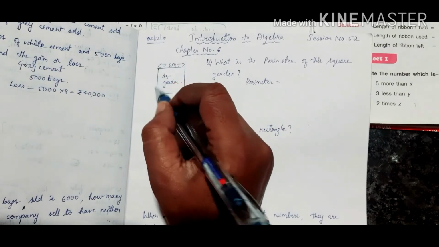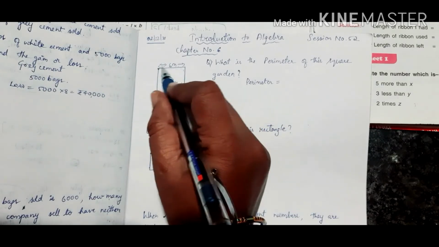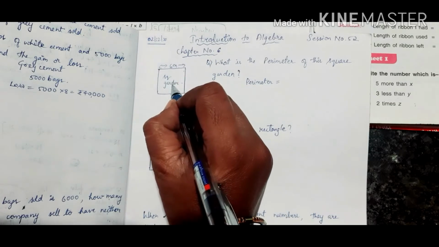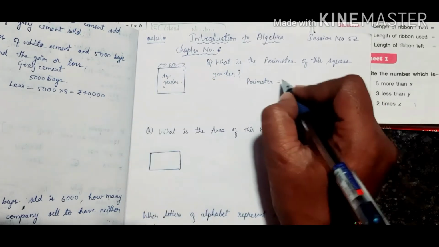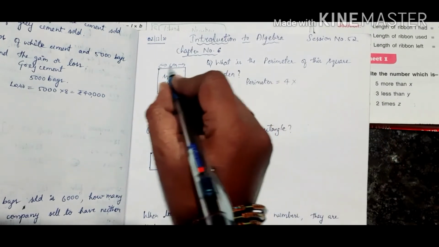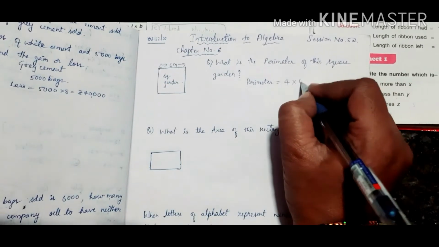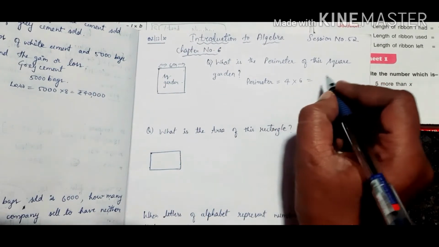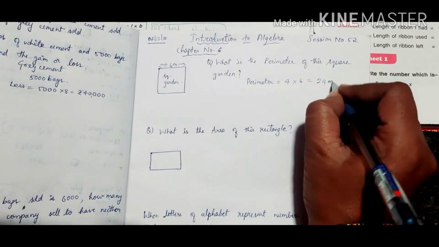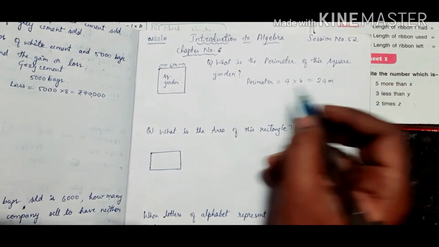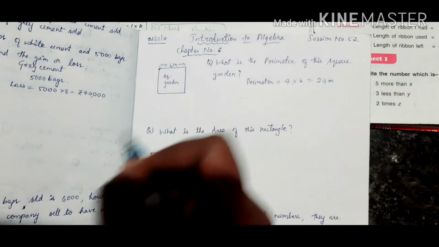Perimeter means the sum of all the four sides of this square figure. Now 4 into the side of the square, which is 6 meters, that is 4 sixes are 24 meters. So 24 meters is the perimeter of this square garden.